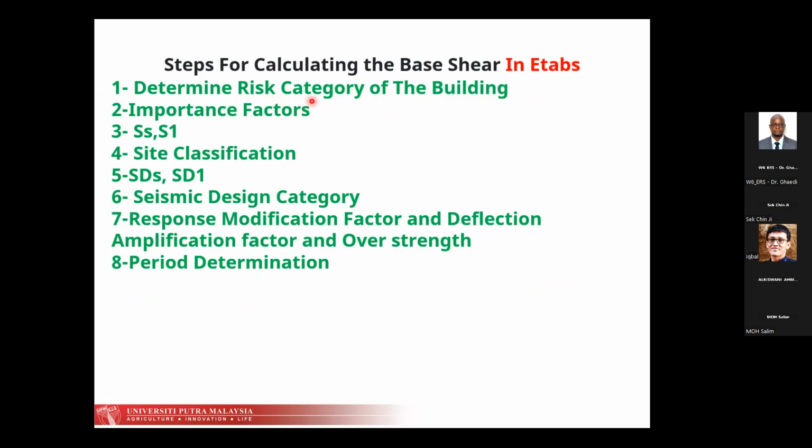The first step is to determine the risk category of the building, the second step is the importance factor, the third step is SS and S1, the fourth step is site classification, the 5th step is SD1 and SDS, the 6th step is seismic design category, the 7th step is response modification factor, deflection amplification and overstrength, and the 8th step is period determination.